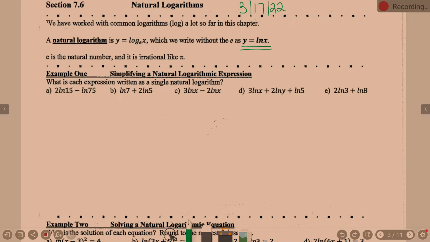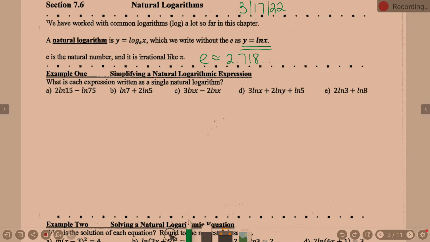It's a lot like pi in that it is irrational. If you punch e on your calculator, now you might have to make it e to the power of 1, it's 2.718, and so on and so forth. Again, if you want to see a longer version of e, do e to the first on your calculator. I think mine, I have to put a power of 1 with it. Okay?